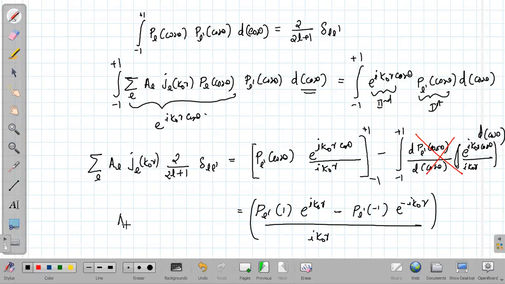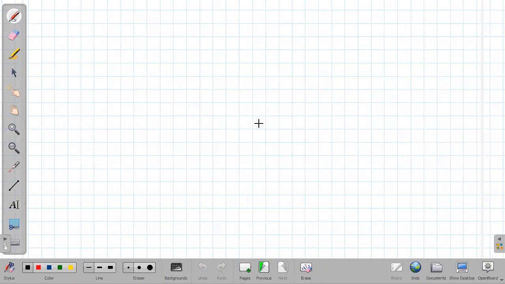So it becomes AL prime JL prime of k0 r times 2 upon 2L prime plus 1. Now recall, our aim is to find this AL. So we can replace L prime with L, and hence we get AL times JL of K0 R times 2 by 2L plus 1.